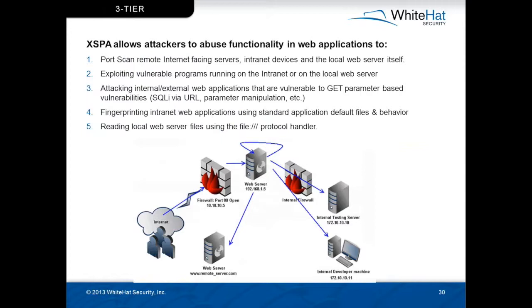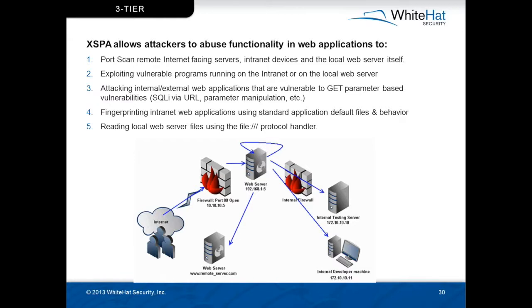If you find a vulnerable website out there, that website is going to act as a proxy for us. You can use it to port scan remote or internet-facing web servers, so you can use some public website out there to port scan its intranet or the internet, whatever your choice. You can exploit vulnerable programs running on the internet or the local web server, because again, you're local.